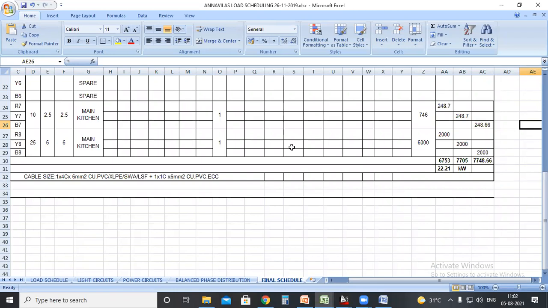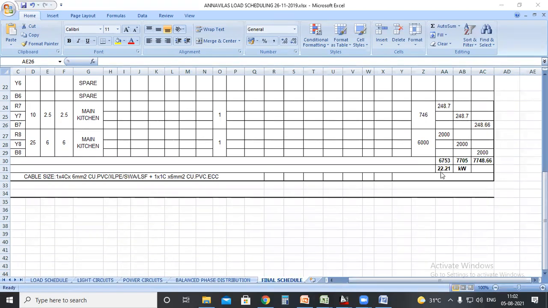Okay, somebody send me the answer. 36.42. This is the current value, right? Can you tell me the maximum demand initially? No, here the total connected load is 22.2.